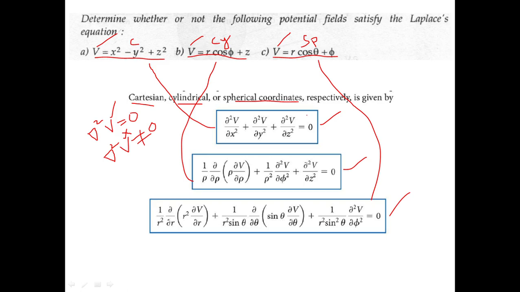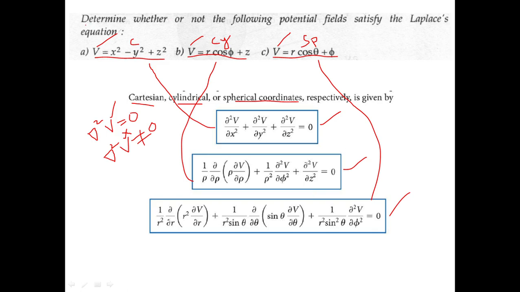Solve these. You know how to solve dou square V by dou x square, right? Then you have to check whether the result is equal to 0. If it is equal to 0, that means it satisfies Laplace equation. If not, then it doesn't satisfy Laplace equation, right?